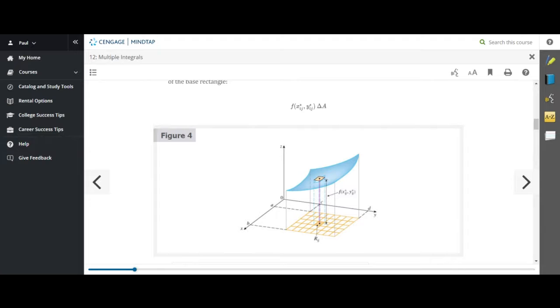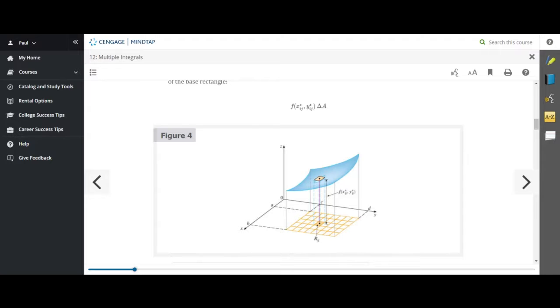But the function value of x sub ij, y sub ij, if you take that and you multiply by delta A, as you see above there, what's that going to give you approximately? What would that give you? Well, let me ask you this.